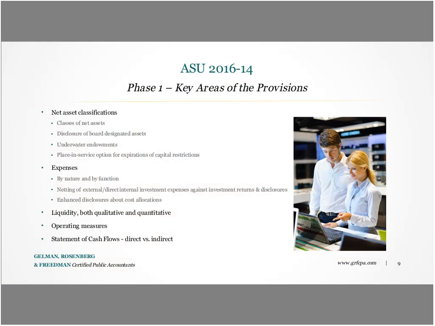And again, these net assets are without donor restrictions, but subject to self-imposed restrictions by the organization's governance board. These are considered net assets without restrictions. Additionally, there will be some information that is necessary to disclose underwater endowments that I'll touch on later, and place in service option for expirations of capital restrictions.